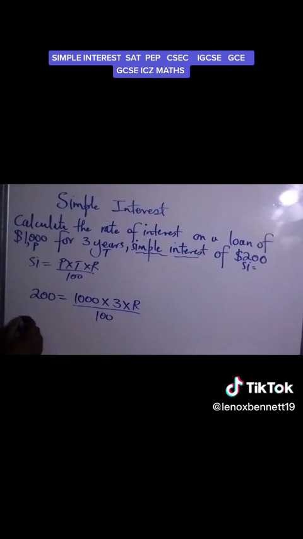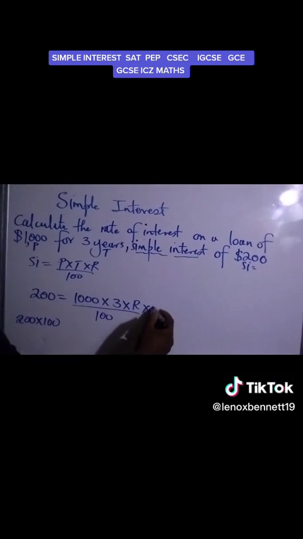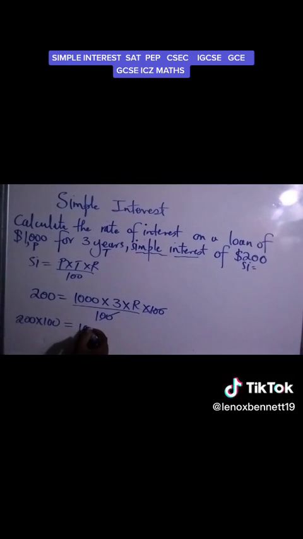This 100 is being divided, so we multiply 200 by 100, and that is equal to 1,000 times 3 times R. Again, we transpose, so R is being multiplied by 1,000 times 3, so we divide by 1,000 times 3. And we know it's an equation, so anything we do to one side, we do to both sides. And from there, we just cancel down.